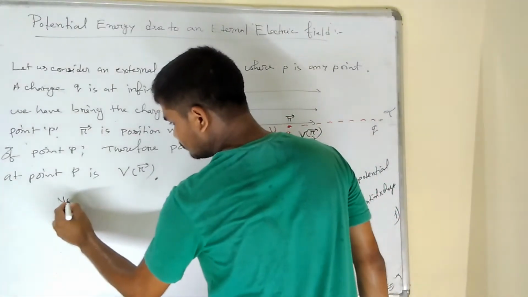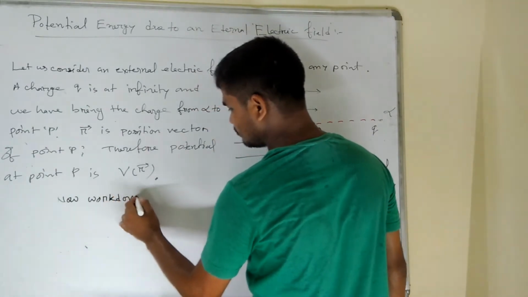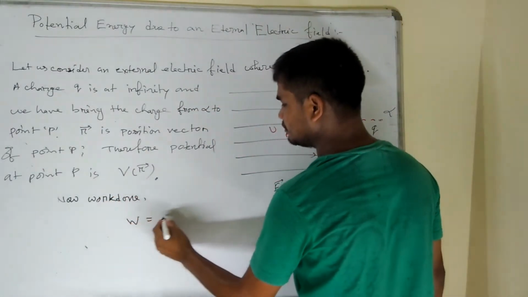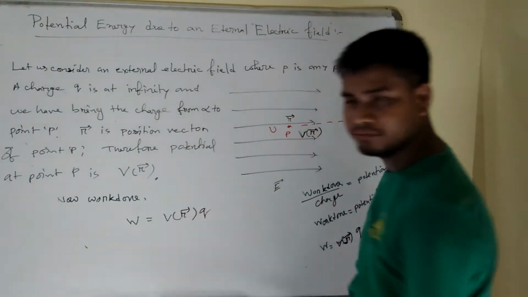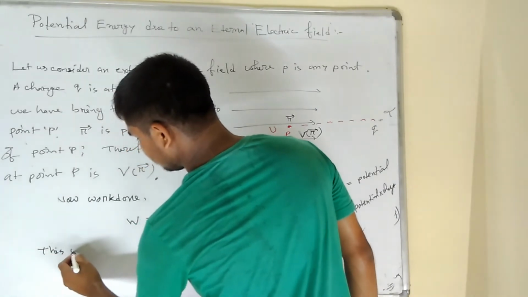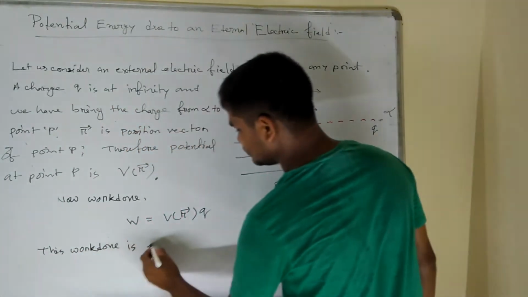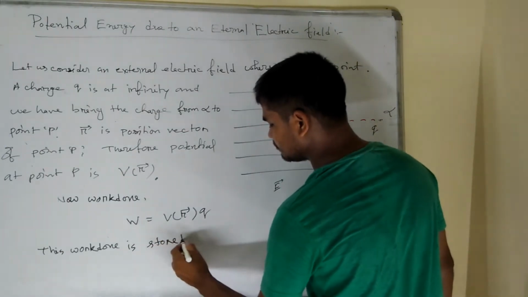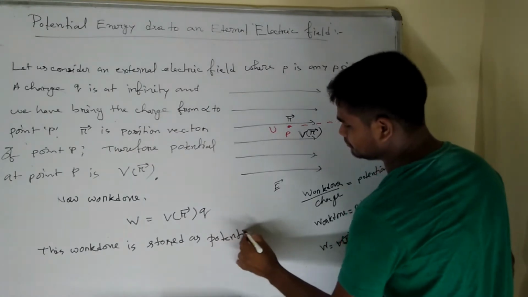Now work done W is equal to V(R) into Q. This work done is stored as potential energy.